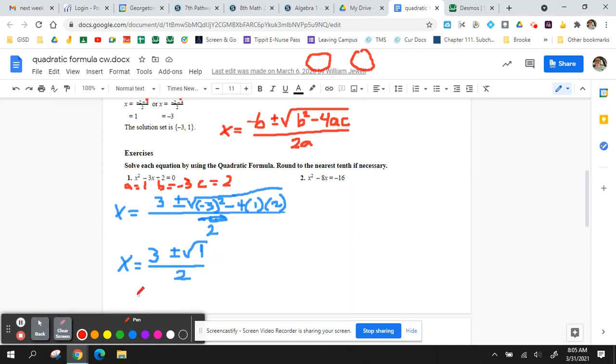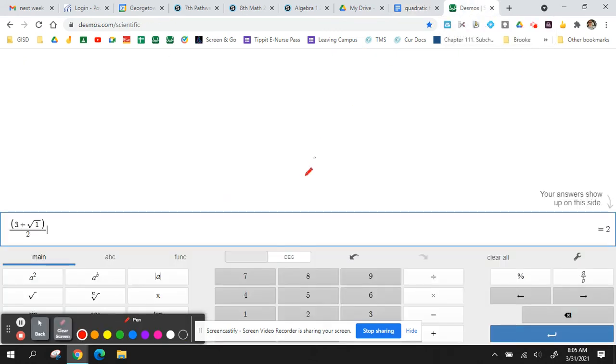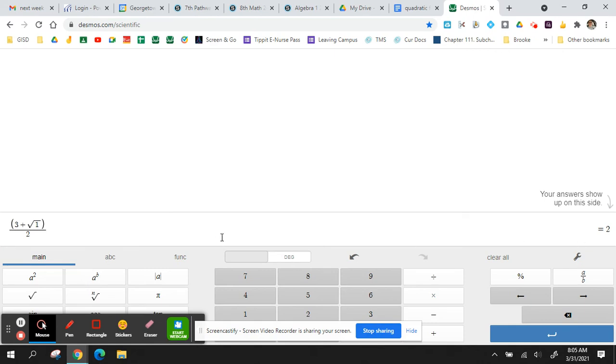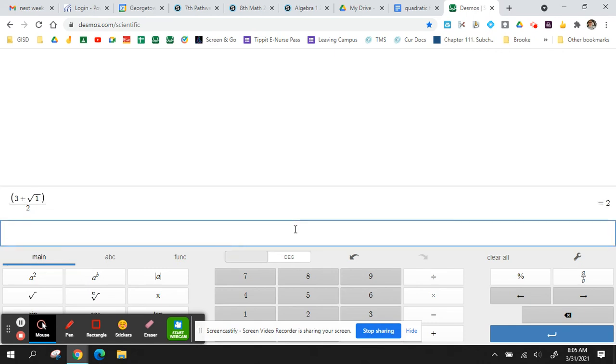Let me get my pen. X equals 2. And the second one, oh, let me get my mouse. All right. Is the square root of 3 minus the square root of 1.